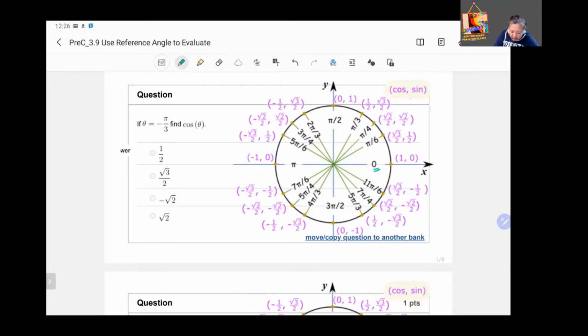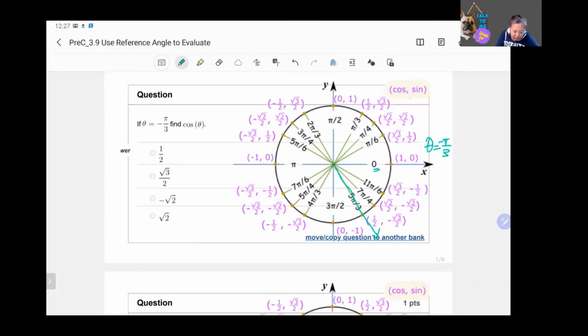From 0 clockwise, I'm going down. But how far? Just one piece of pi over 3. So here, the negative pi over 3 is this. So this is where my terminal side is now, okay? So then that's theta, which is negative pi over 3.